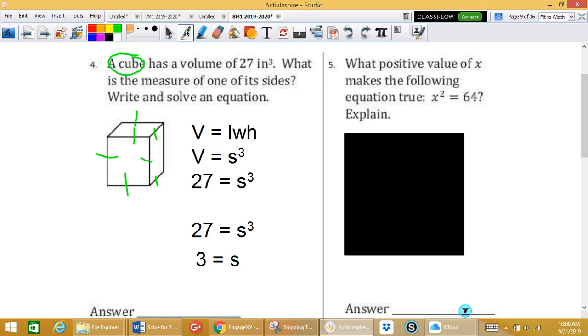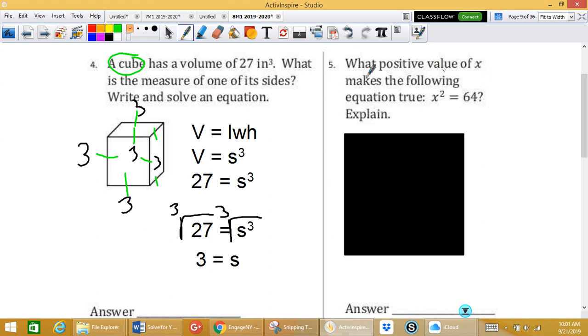So now I need to take the cube root of each side. And you have to put the little 3 there or it's not the same. So take the cube root here. So s equals 3. So the side length is 3.